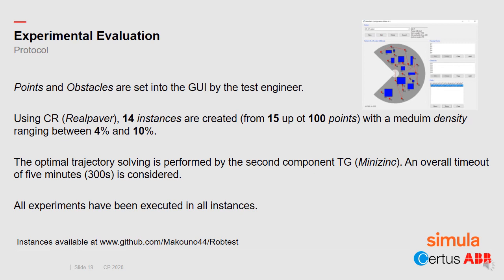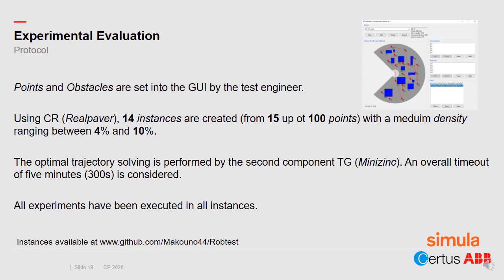is generating the optimal trajectory using MiniZinc. During the evaluation, we compare three different solvers. The first solver is Gecode, the second solver is Chuffed, and the last solver is SICStus Prolog. We define an overall timeout of 5 minutes for the generation of trajectories.